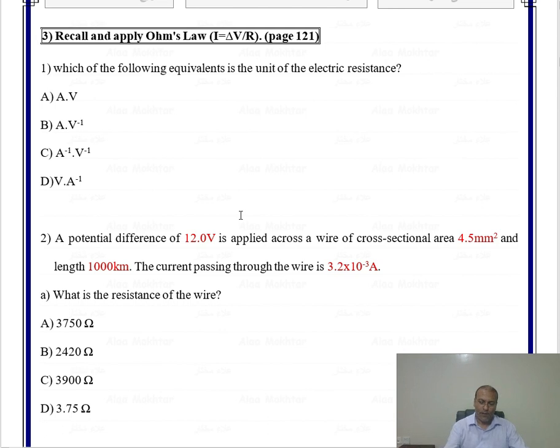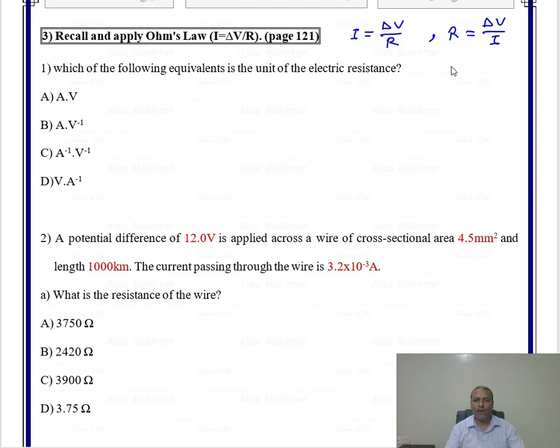Number 3, recall and apply Ohm's law. Ohm's law: I equals delta V over R, where I is current, delta V is potential difference, and R is resistance. Or R equals delta V over I, resistance, potential difference, current.